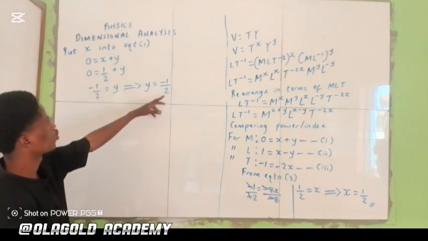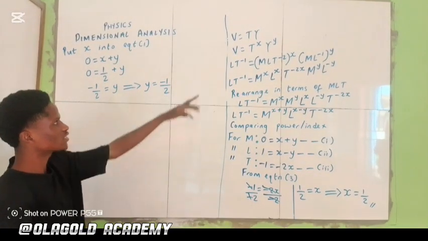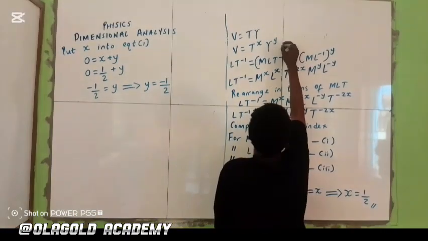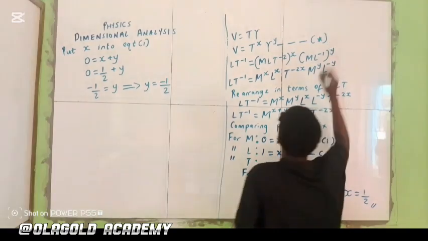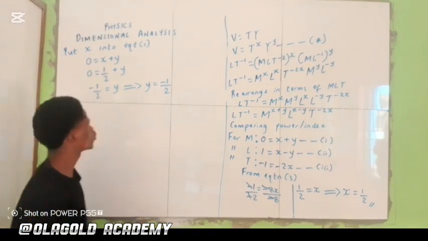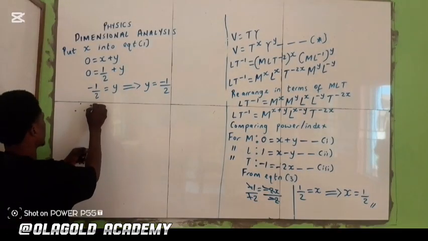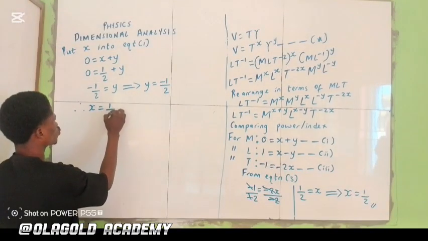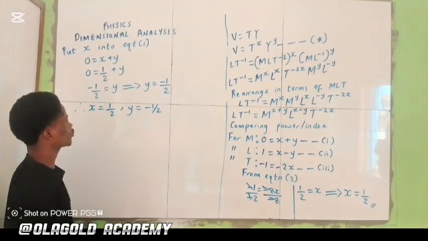The next thing is, let's call this our equation asterisk. So we can say therefore x equals 1 over 2, y equals minus 1 over 2.